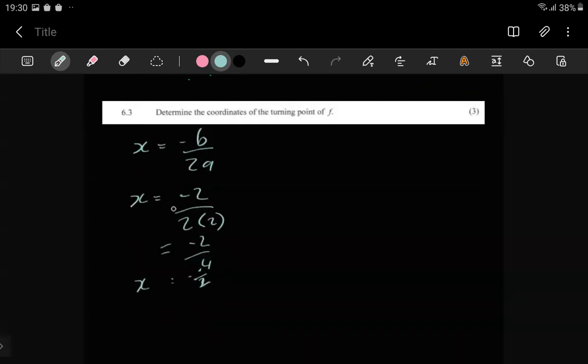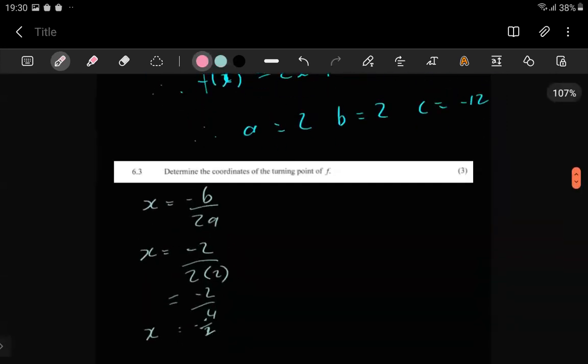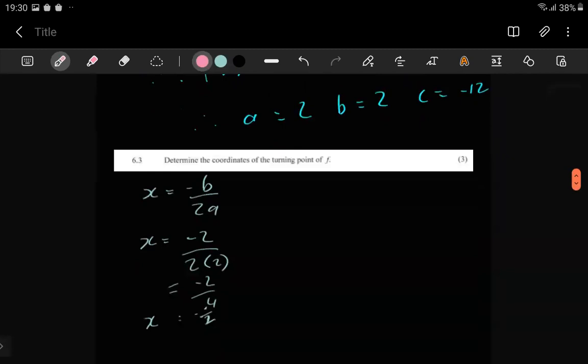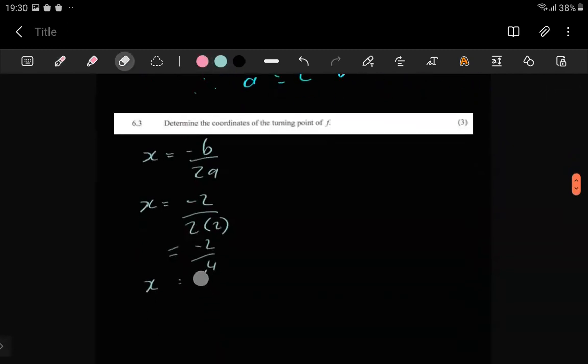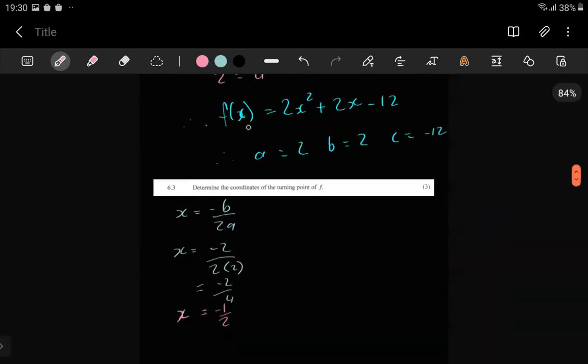Now, as long as we have the x value of the turning point, we can get the y value of the turning point as well. For the y value, we can just use our equation, where x is, we throw in a -1/2, and then we're going to have 2 times -1/2 squared.